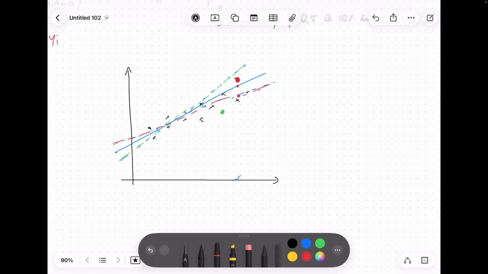We'll call them A and B. So the idea is, what is y hat A minus y hat B squared divided by k MSE.